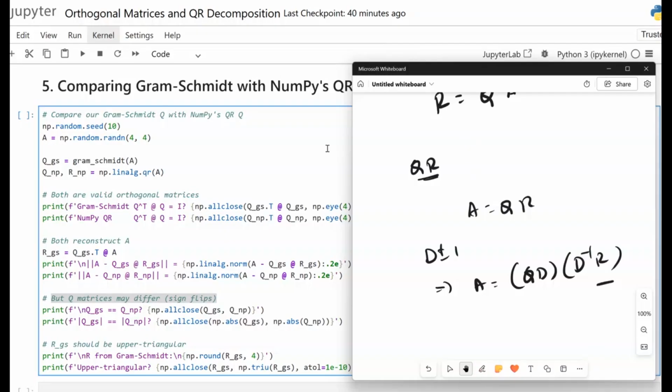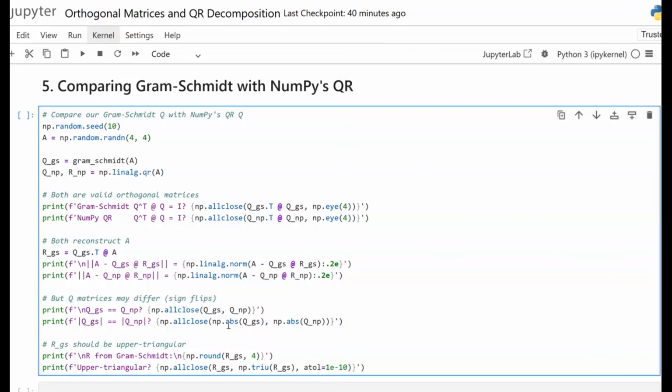Kindly observe this interpretation: when we compare Q_GS and Q_NP, it is usually false, and with absolute values, it is often true.